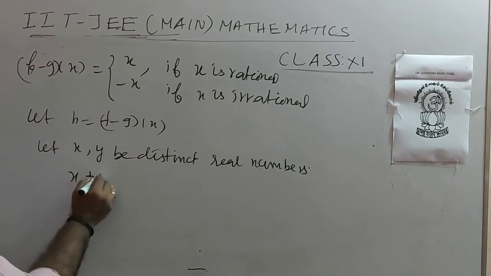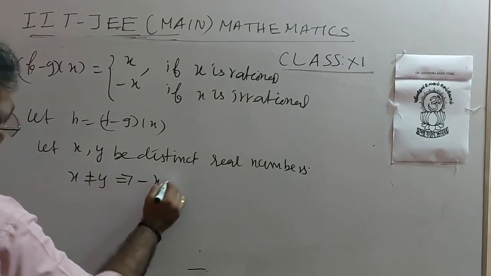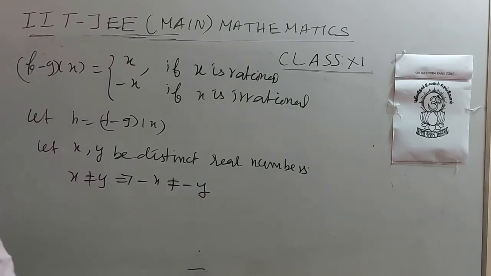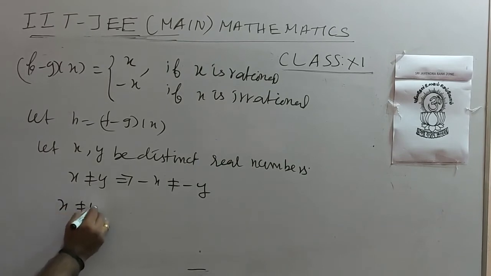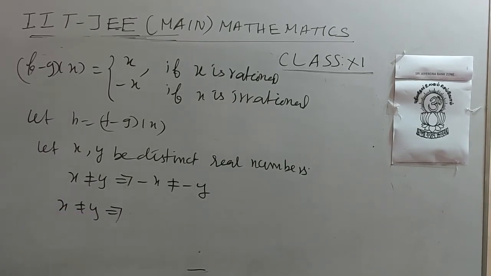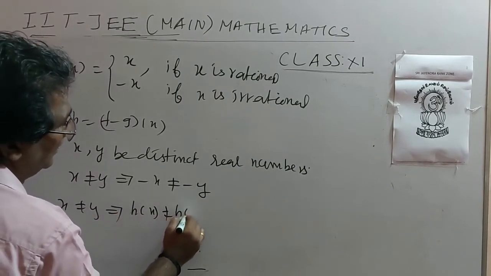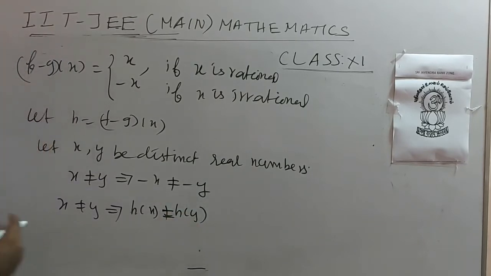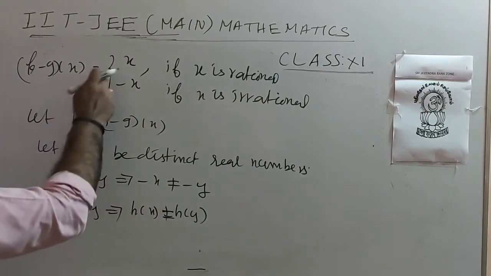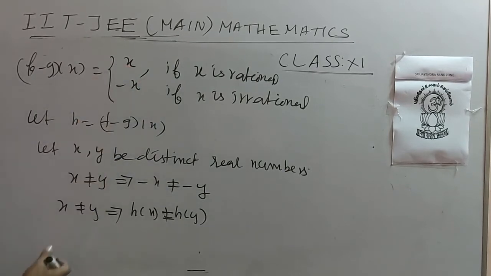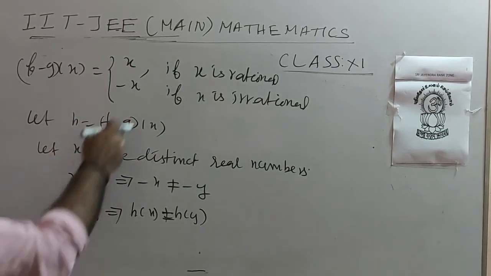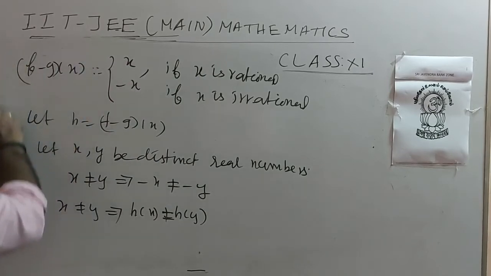X not equal to y, which implies minus x not equal to minus y. So x not equal to y means h of x not equal to h of y. If you take two different values, x not equal to y means minus x also not equal to minus y. Both cases are satisfied, therefore h of x not equal to h of y.